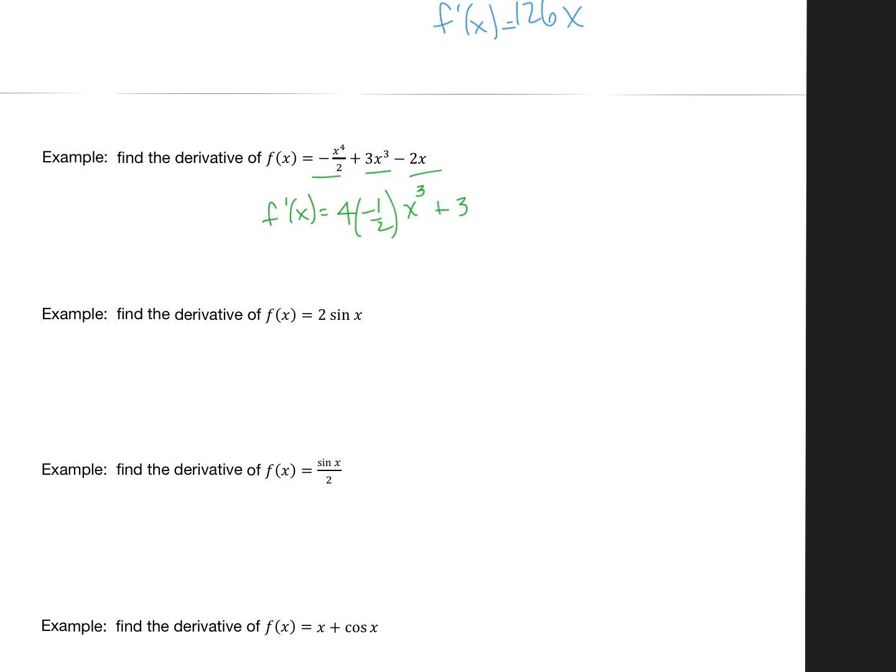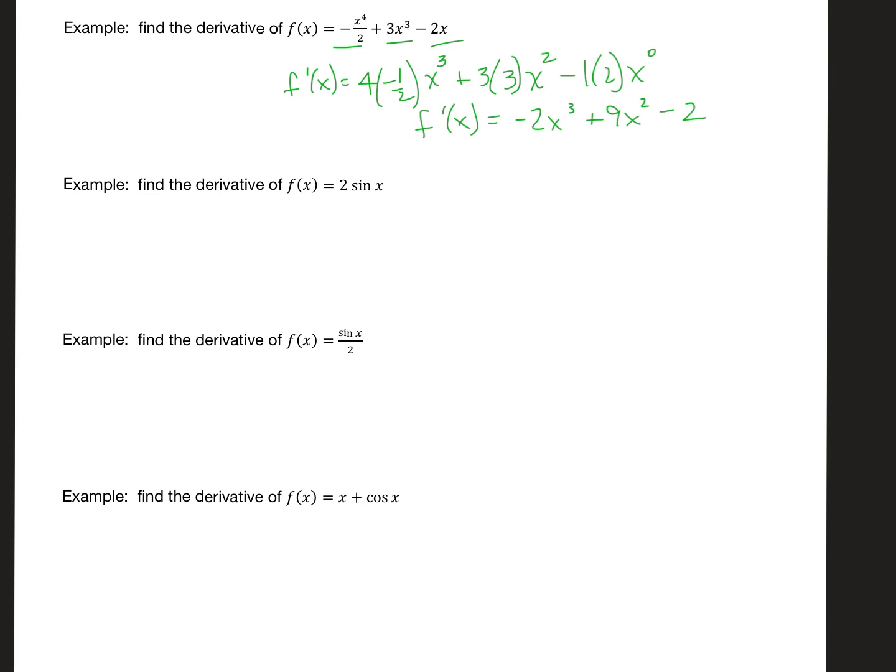Next one, 3 times 3, and then decrease the exponent by 1, minus 1 times 2, and decreasing that exponent by 1. So then, cleaning this up, I have -2x cubed plus 9x squared minus 2.